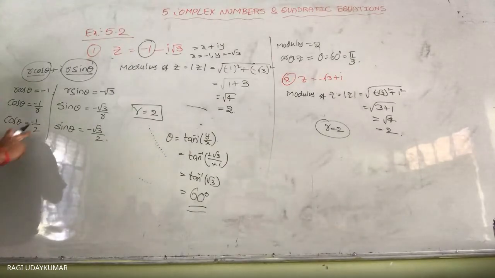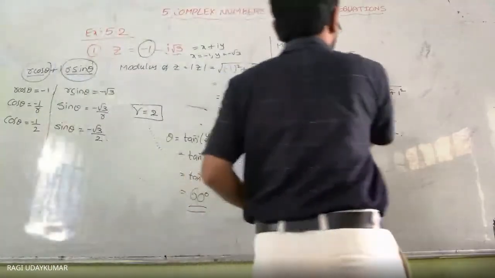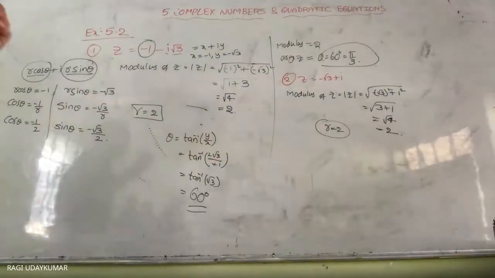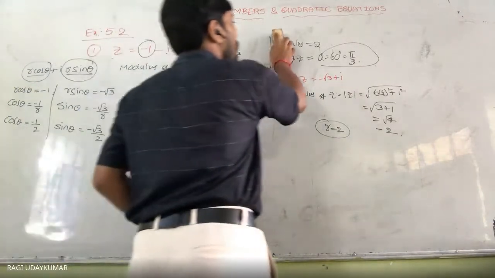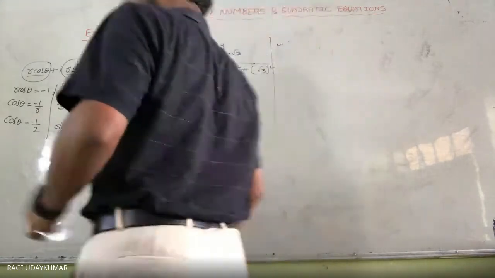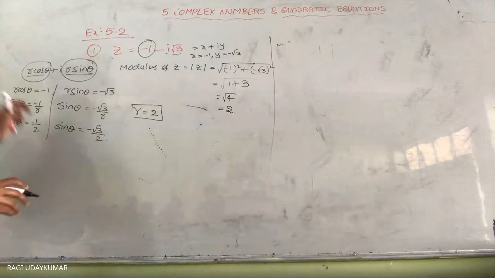That value of theta is called the argument. It is not π/3, 60 degrees. If you do it like this you will get 60 degrees, but it is not going to fulfill the complete requirement. So what to do here? You need to take r cos theta and r sin theta such that both are satisfied.